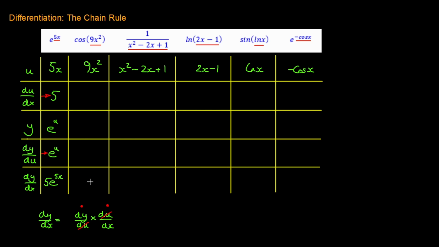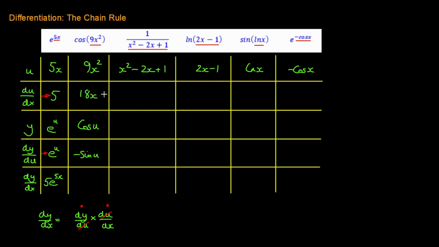Okay, let's work down column 2, where we've got a trig function. First of all, simply differentiate 9x squared, and we get 18x. y is equal to cos u. Our substitution being 9x squared, this simplifies to cos u. The differential of cos is negative sine u.